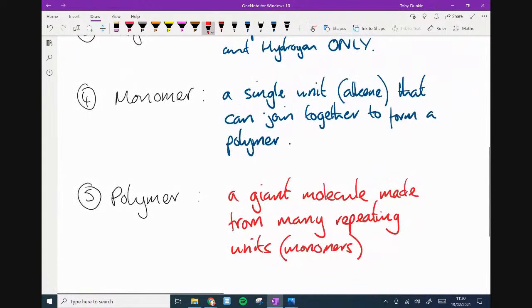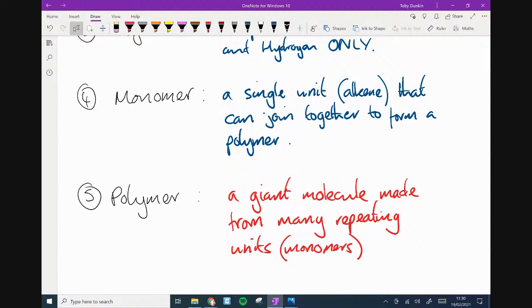So isn't this weird? In the definition of the word monomer, you must use the word polymer. So by the way, let me explain to you why. Would everyone agree that Amani in the class is a single unit? She is indeed a single unit. Could we string many Amanis together? No, you can't.